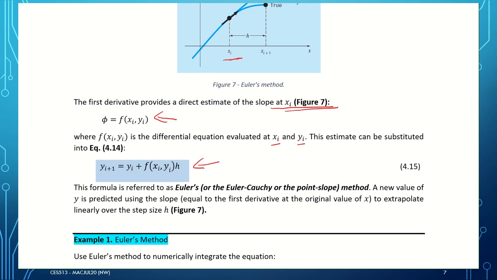The general equation for the Euler method is y i+1 equals y i plus f of xi and yi multiplied by h, the step size. A new value of y is predicted using the slope to extrapolate linearly over the step of size h.